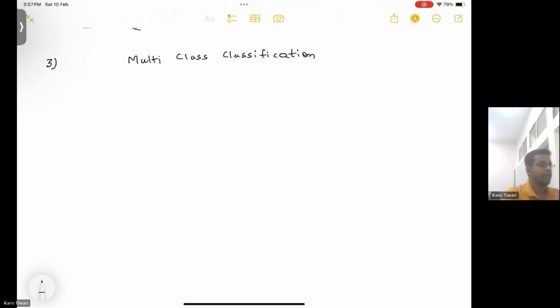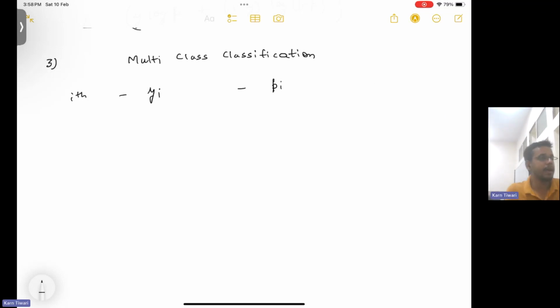Yi means the ith instance's correct class, and its predicted probability is pi.